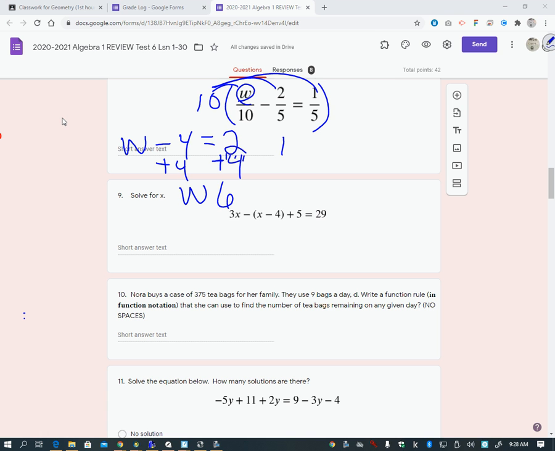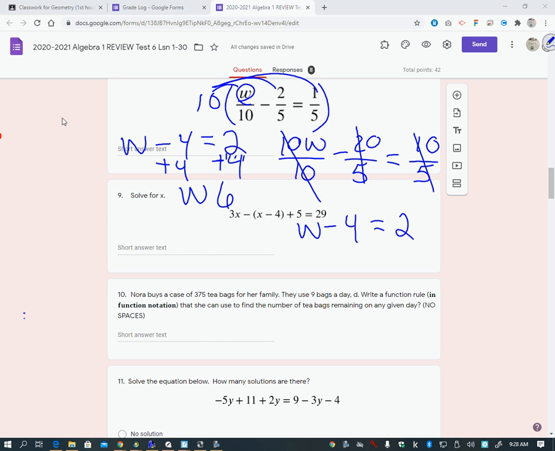So you could look at it as 10W divided by 10 minus 20 divided by 5 equals 10 divided by 5. Now I simplify all that. This becomes W. This becomes 4. This becomes 2. Does that make sense? Sorry I didn't say all of that, but then we add 4 to both sides. We get W equals 6.